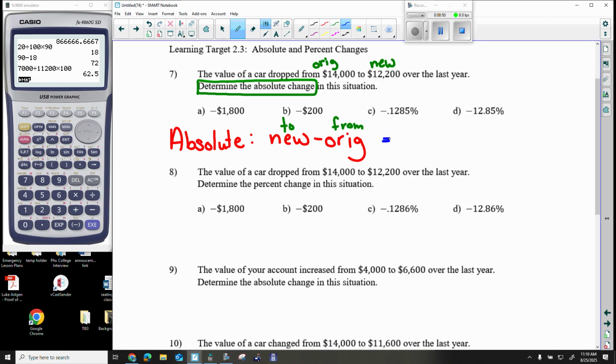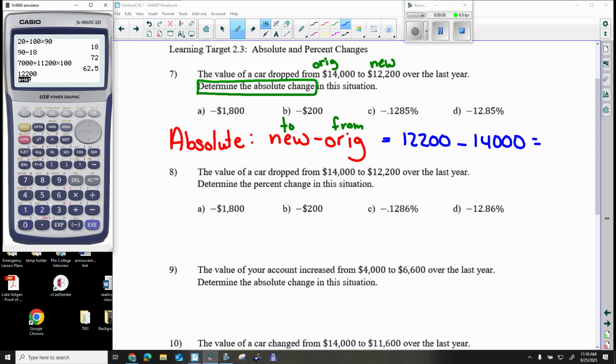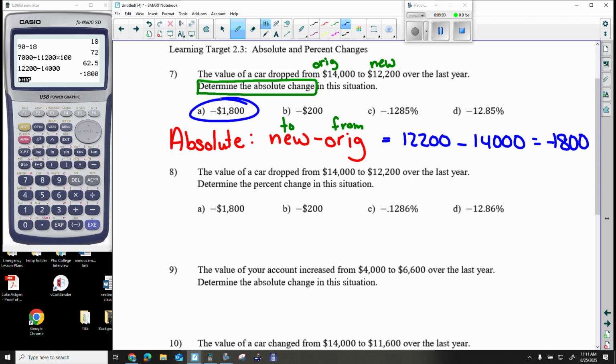In this particular case, that would be the new minus the original. So that went down $1,800. All right, so that is an absolute change. It's just the basic subtraction.